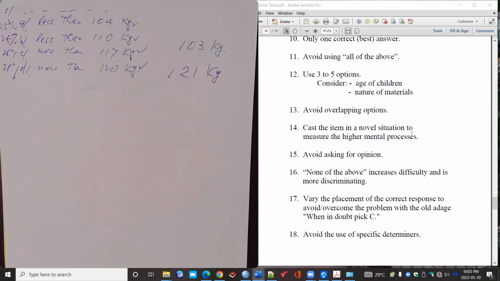When you construct multiple choice test items, you must pay attention to all of this, as well as test-wiseness, all the information we discussed in the test-wiseness lectures. Okay, thank you.